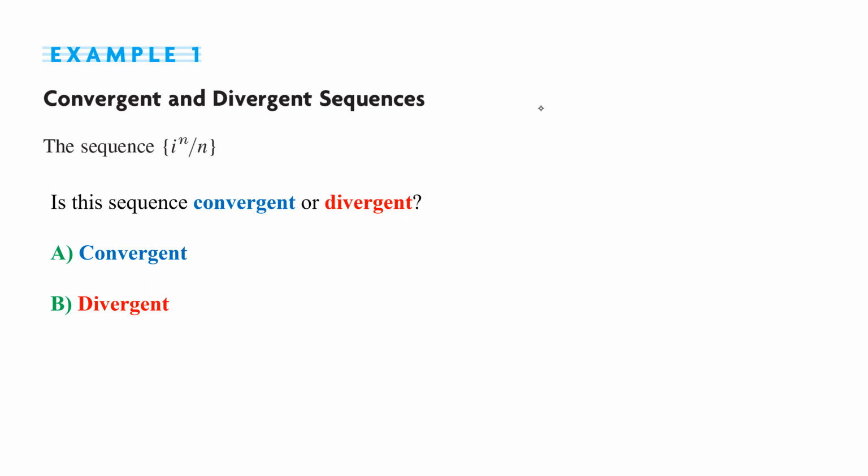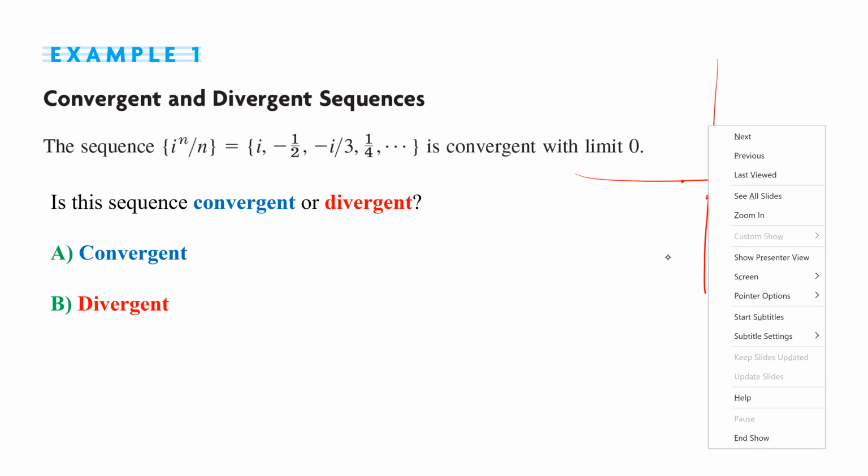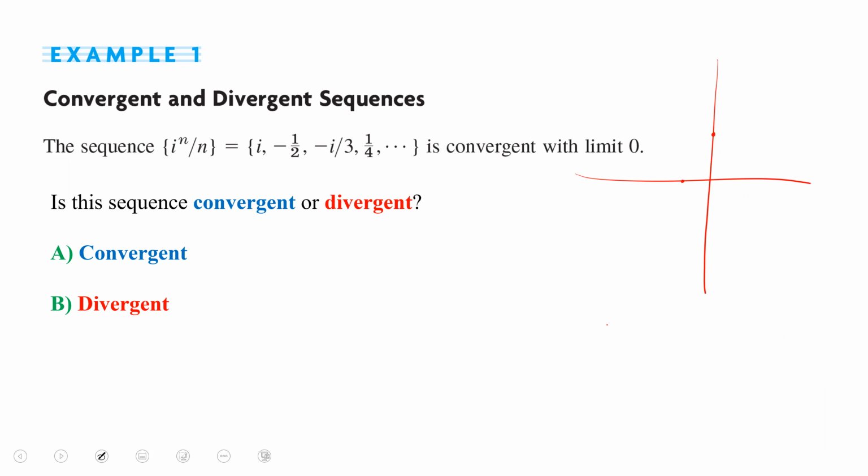Yeah, very good. i to the n has a magnitude of 1, right? It jumps around. But then when you divide by n, it becomes smaller and smaller, getting closer and closer to 0. So for n equal to 1, we have i, and then it becomes negative 1/2, then becomes negative 1/3 of i, and then it becomes closer and closer. See, it spirals into the center.